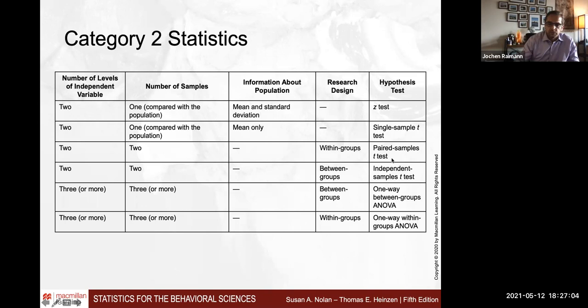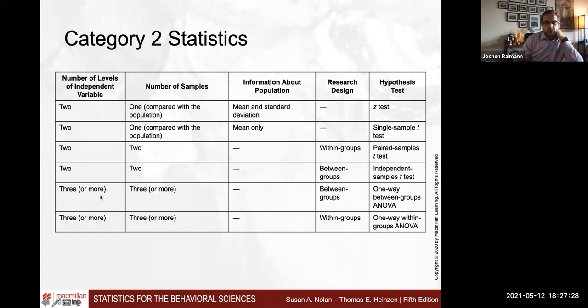Important is that there's an association between the participants and it needs to be the same participant contributing 2 data points. If we have 2 independent data points with 2 independent participants, the research design is a between group design, and we would be using an independent samples t-test for this analysis.